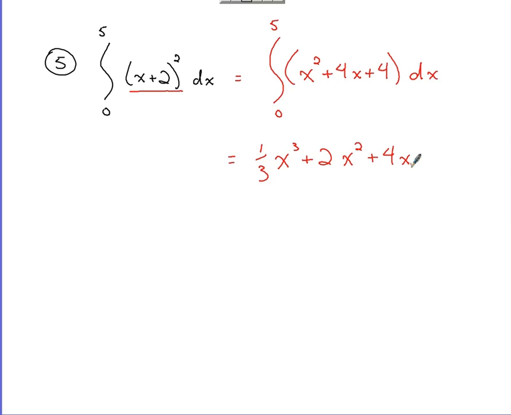But we still have an interval here we need to acknowledge, from 0 to 5. At this stage, we take our 5 up here at the end of that interval and plug in for our x's.